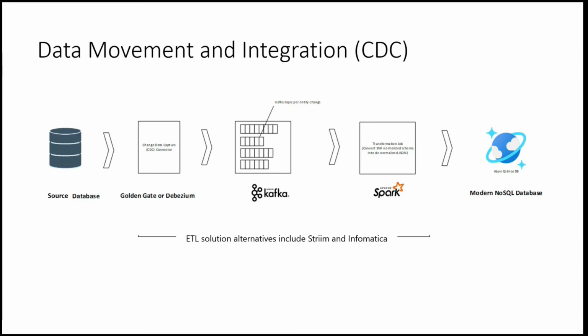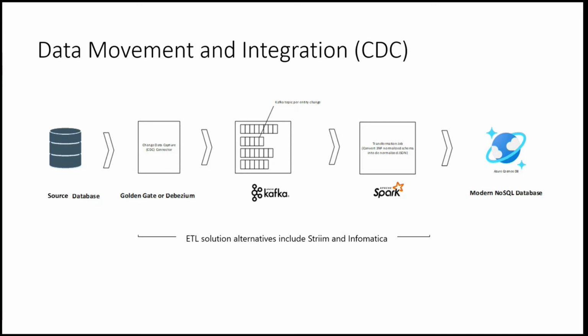Depending upon which is your source database, if it's MySQL, the Debezium connector will subscribe to the binlog. If it's Postgres, it will subscribe to the logical replication stream. So whichever one is the right log format for your source database, the connector will use that and stream the events to Apache Kafka. And then you can use, once again, Spark to do the ETL transformation of your data and finally write to a Cosmos DB database.